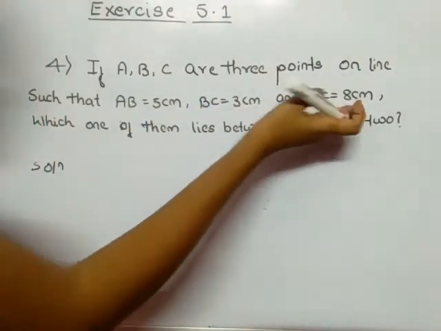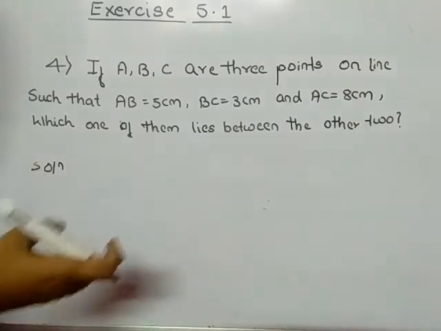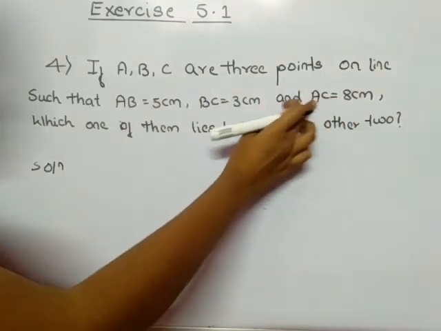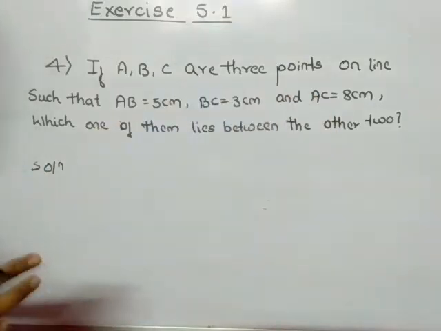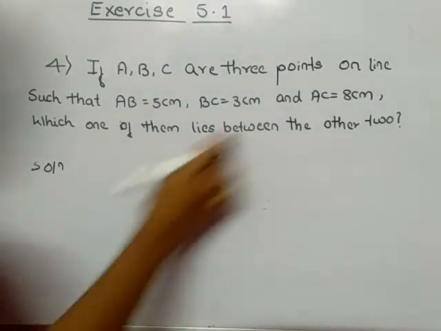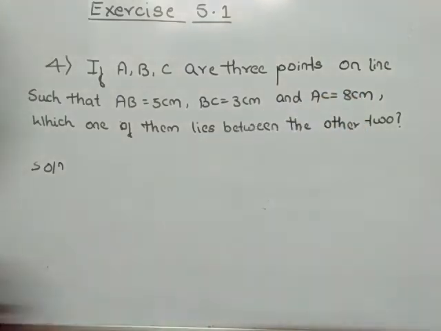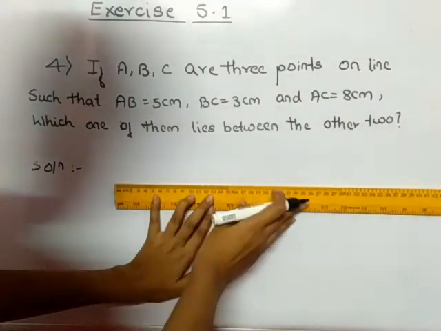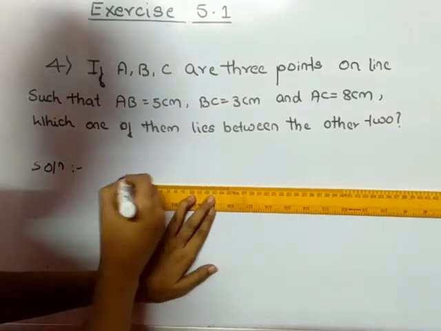Out of these 3 lengths, which is the longest? That is 8 centimeter, which is named AC. So we need to draw one line segment AC of 8 centimeter. Here I will draw one line of 8 centimeter.